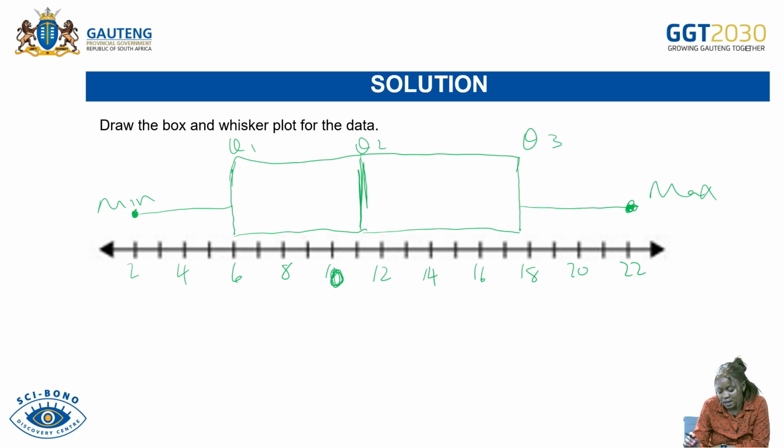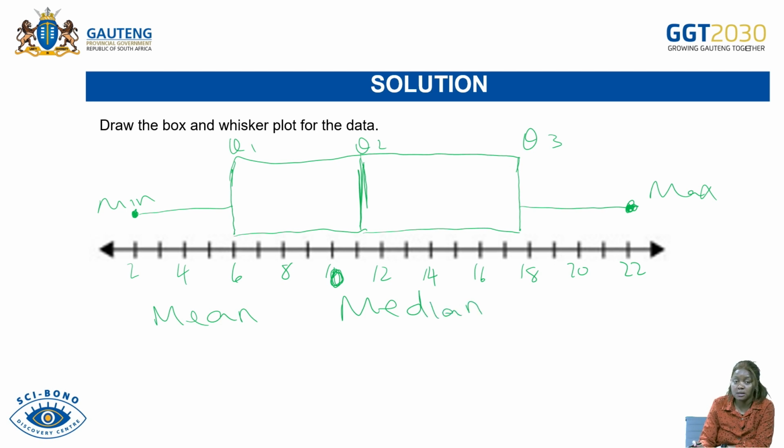If you are looking at this box and whisker diagram, you can see that it looks like the data is normally distributed, ne? Okay, but let's check the mean and the median so that we can see if our data is skewed or not skewed.